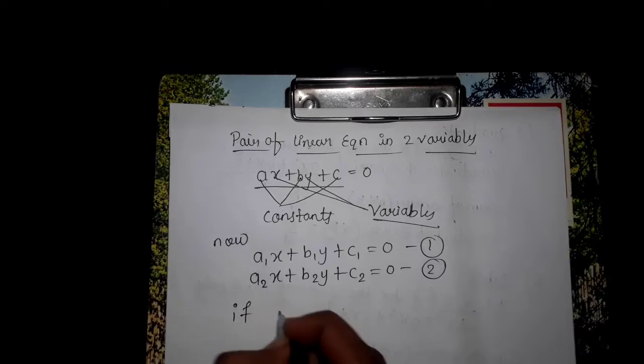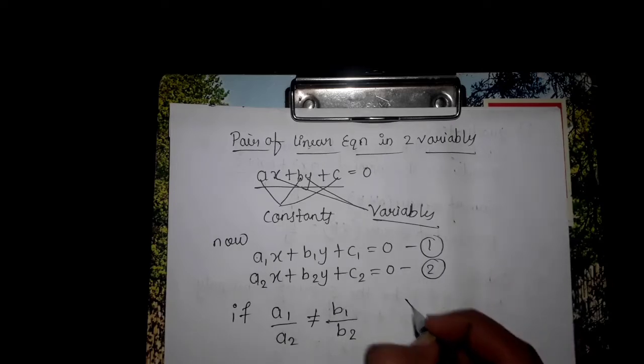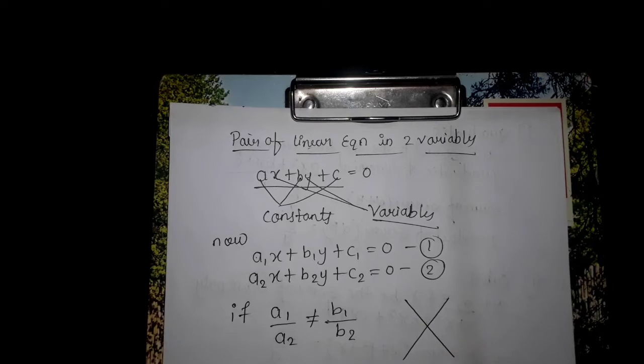If a1 by a2 is not equal to b1 by b2, then graphically these two lines will intersect at one point. Therefore, since both the lines are having one point in common, there will be only one solution or unique solution.